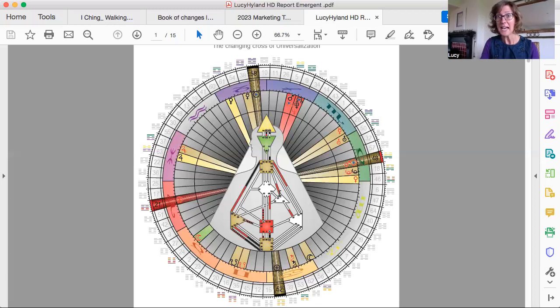So when Claudia asked about what are these numbers and what are these channels, we have the gates of the individual center, we have the center, and we have the centers connected to each other. So this is the basic foundation of human design.